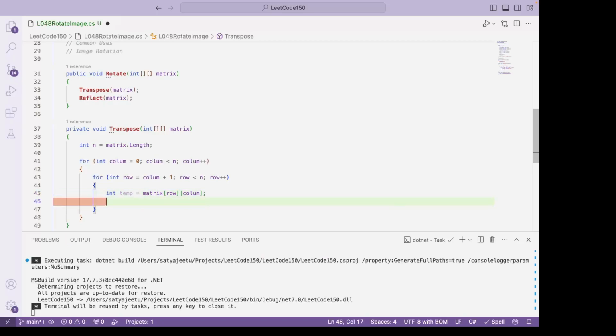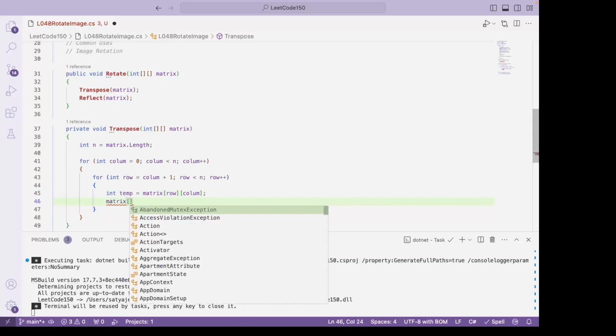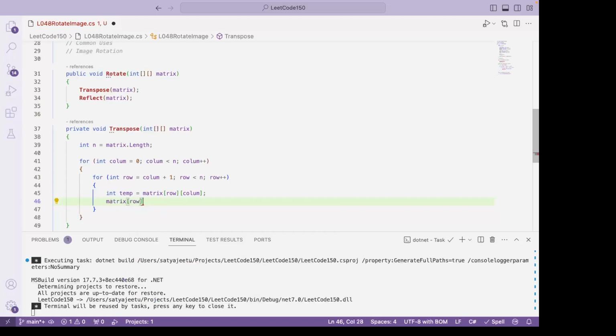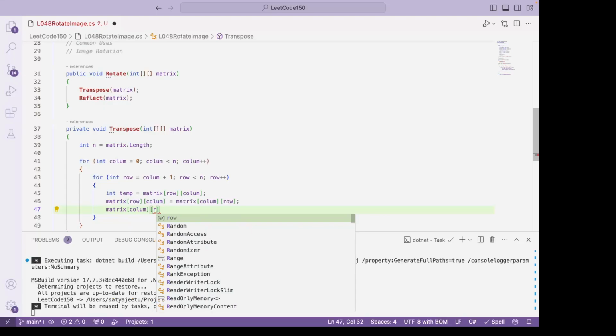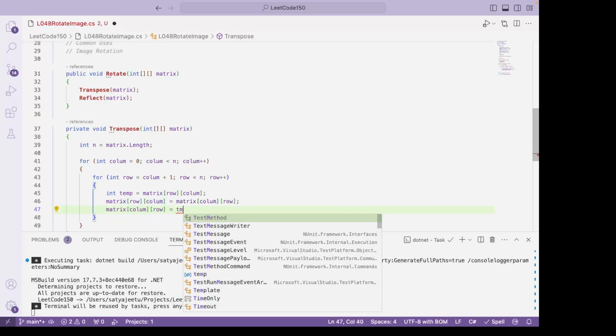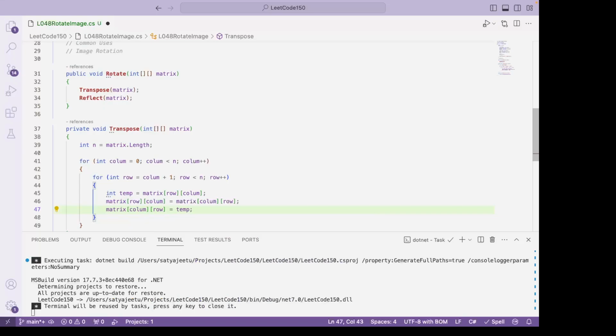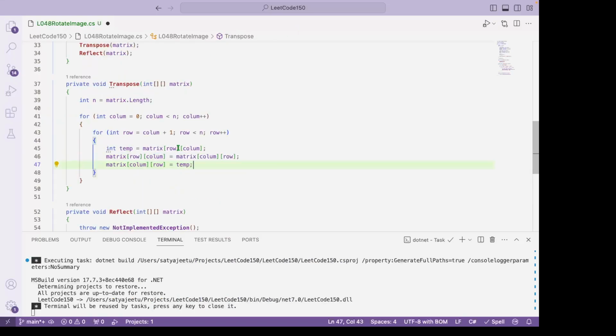So we are storing the current value, and it's just a swapping algorithm. Then matrix[row][column] is equal to matrix[column][row], and matrix[column][row] is equal to temp. So that's how the transpose of a matrix gets fleshed out.